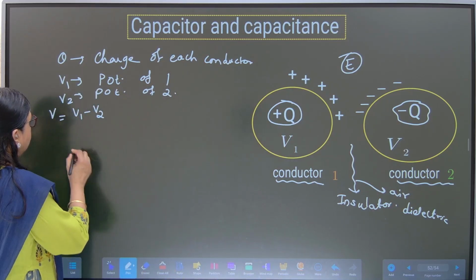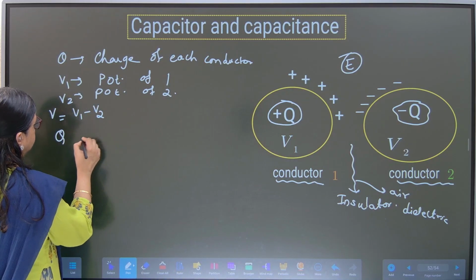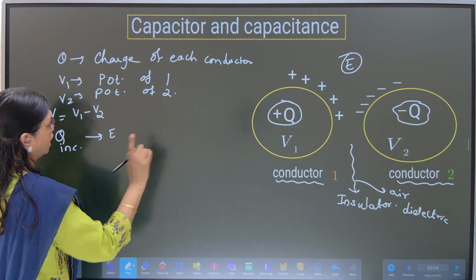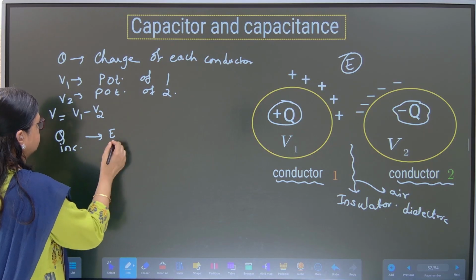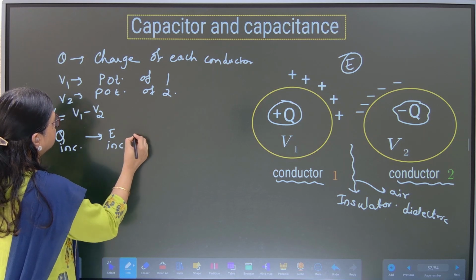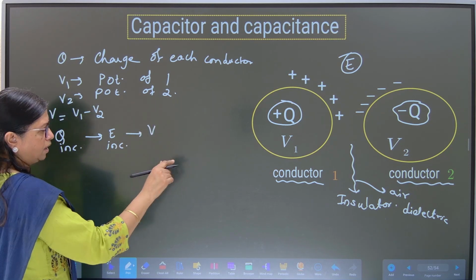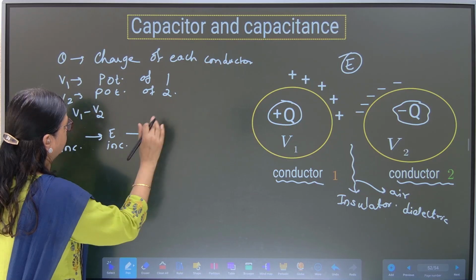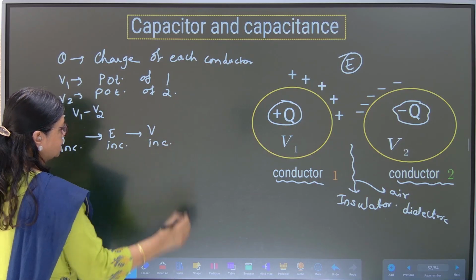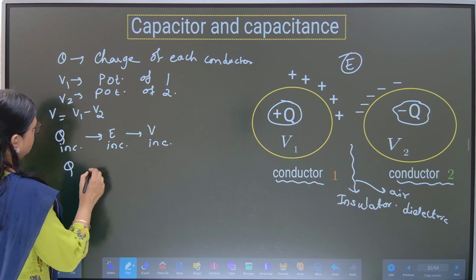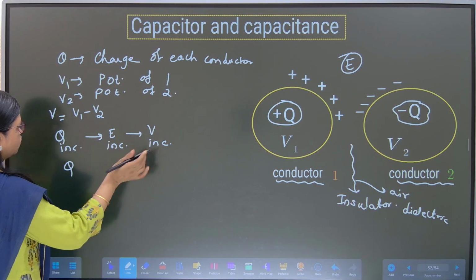So as charge increases, the electric field between the two conductors increases, and so the potential of the two conductors also increases. So we can conclude that the potential difference also increases.